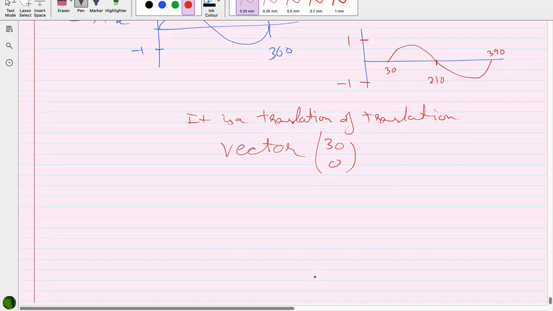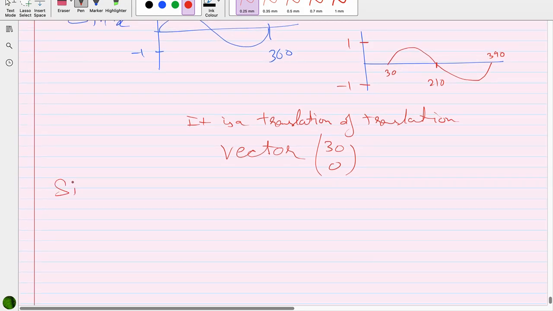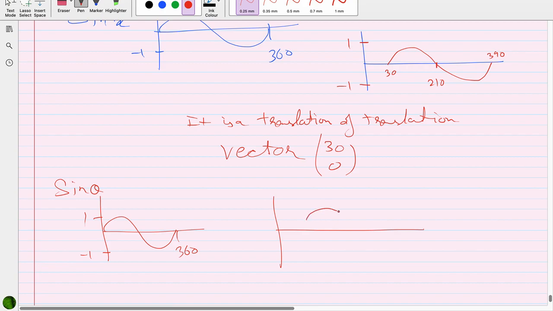So now let us combine these two. If I say the first one was sine theta, this is sine theta, ending at 360, lying between 1 and -1, and the new one appears like this. I'll fill in the values, but can you just guess the transformation?